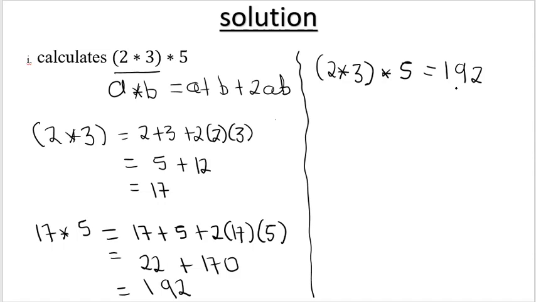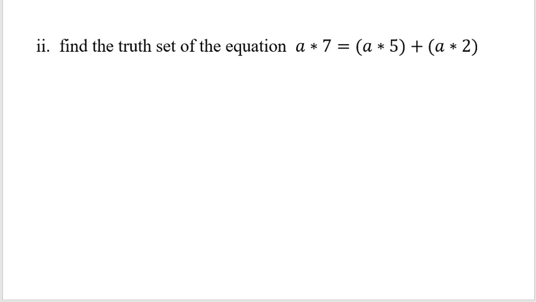We move on to part (ii). It says find the truth set of the equation A star 7 is equal to A star 5 plus A star 2. This is an equation. So we are going to simplify what we have on the left hand side, likewise the right hand side.